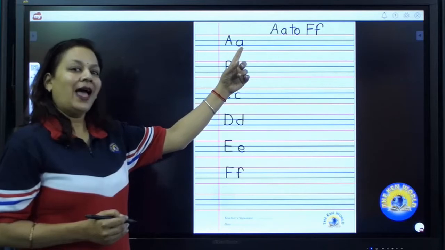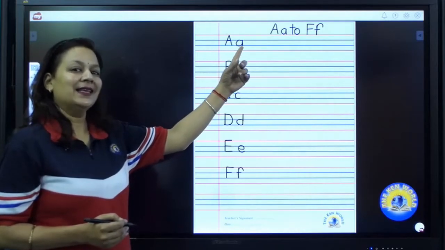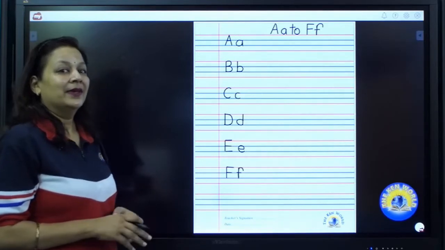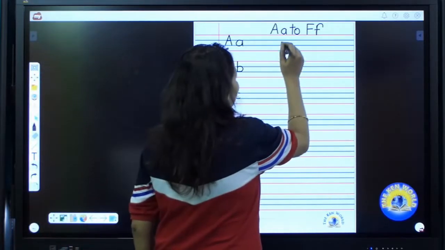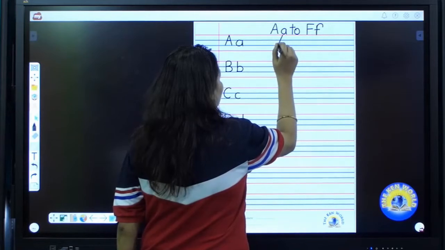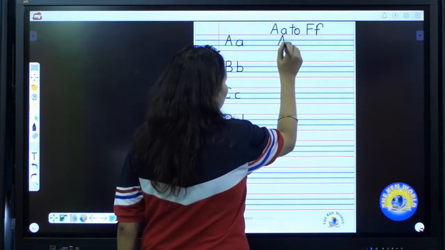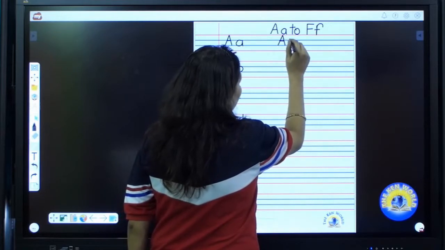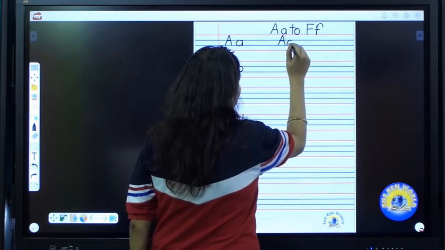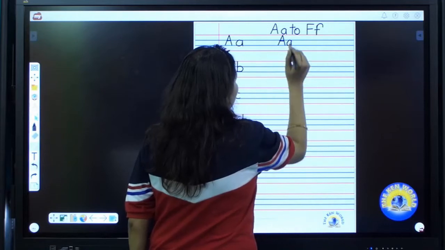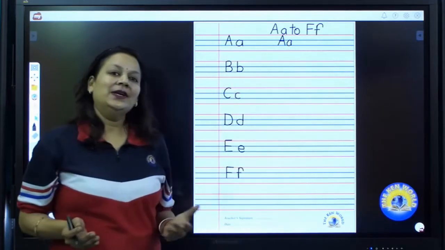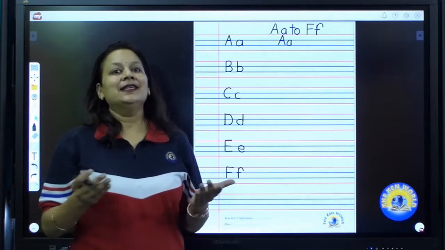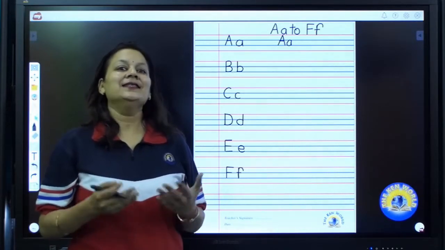A says A. So we are going to write A. Now we are going to write small a. Now it's your turn to write A. Speak and write. A says A.